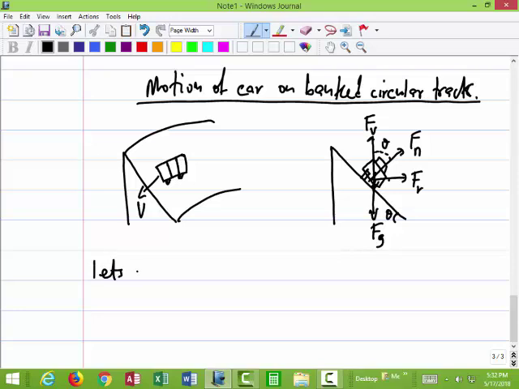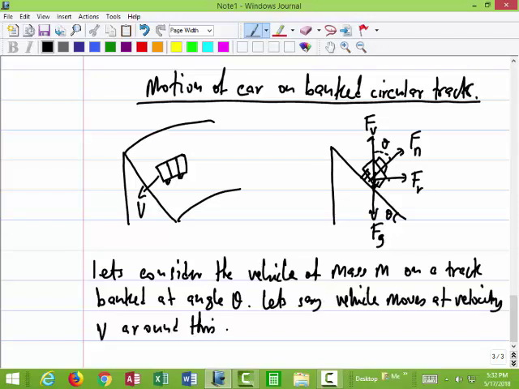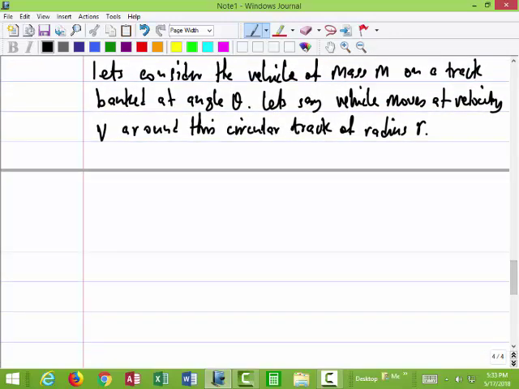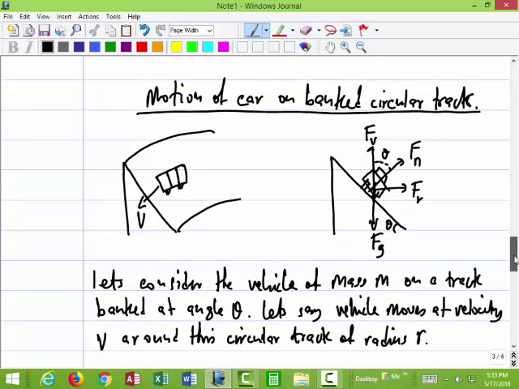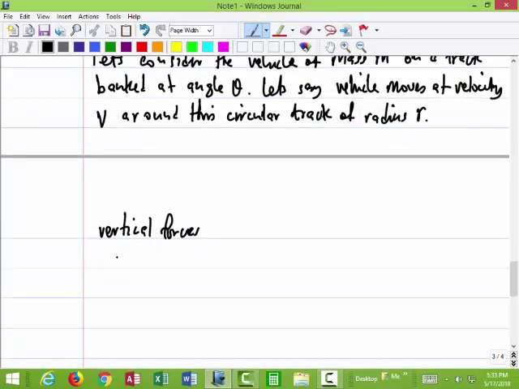So let's consider the vehicle of mass m on a track banked at angle theta, and let's say the vehicle moves at velocity v around this circular track of radius r. So we've identified various forces on this vehicle. Let's look at the vertical forces first. The vertical forces acting on the vehicle will be F subscript v and the weight, the gravitational force F subscript g.